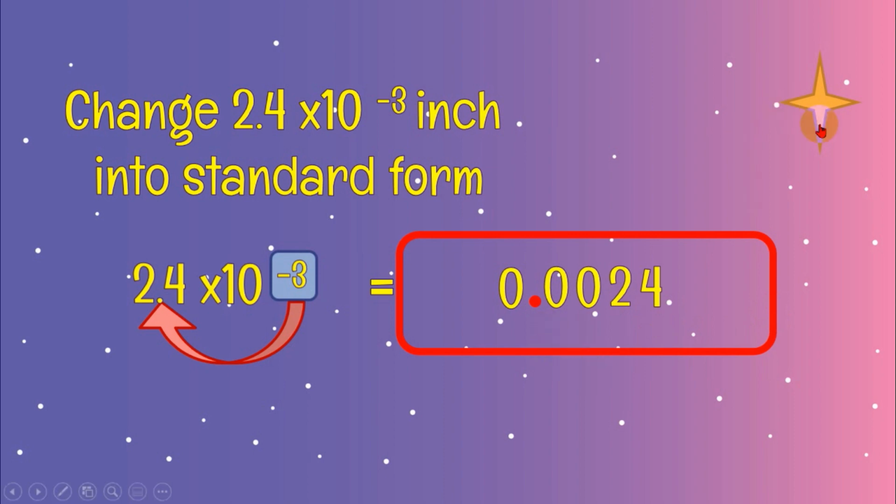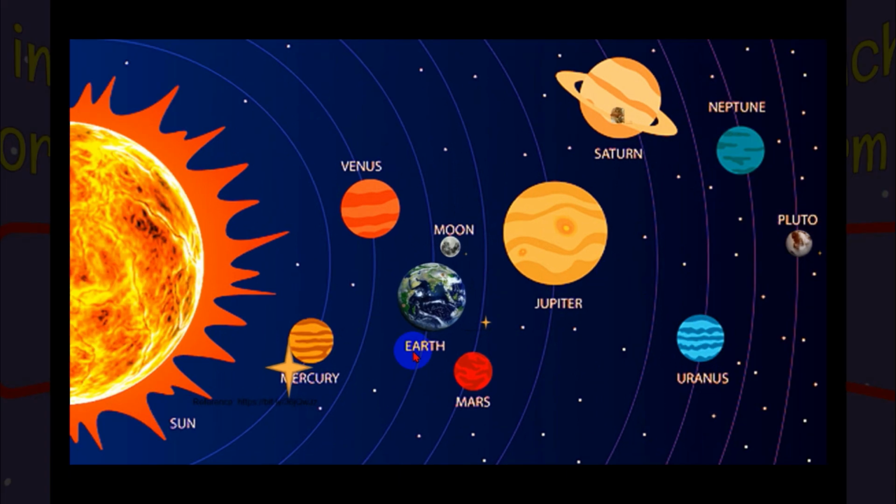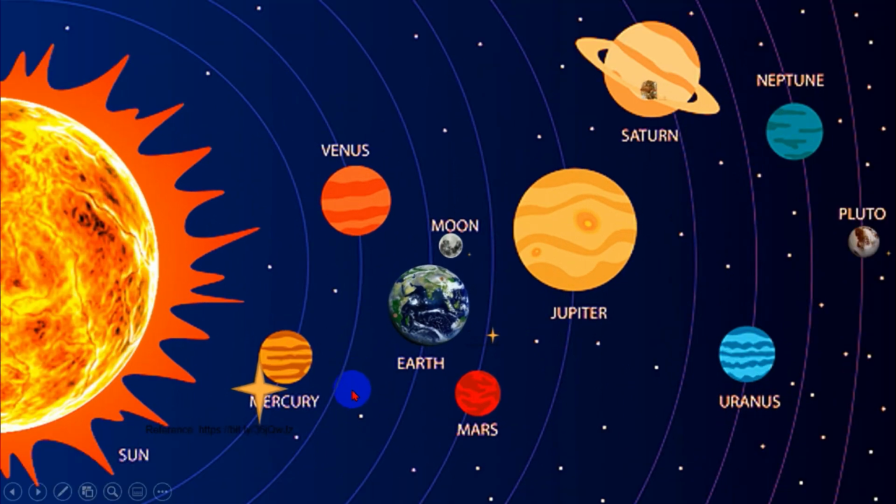So, let us go back again to our solar system and let us have the last but not the least illustrative example number 4. Everything turned into wishes and prayers because of this novel coronavirus 19.